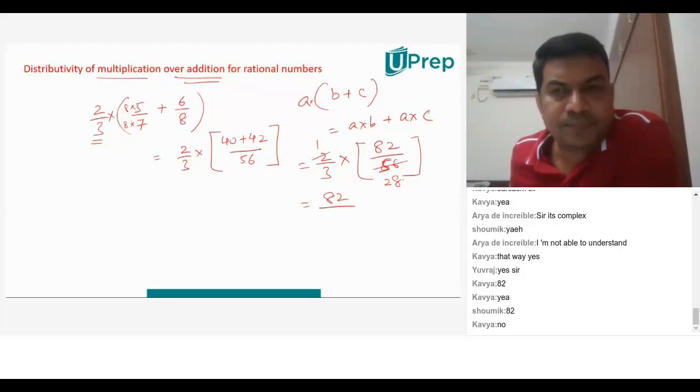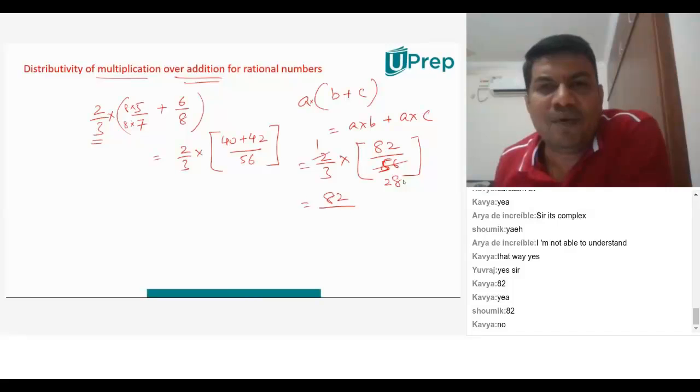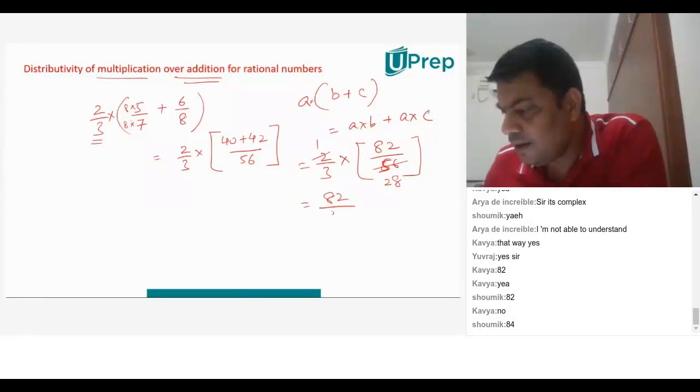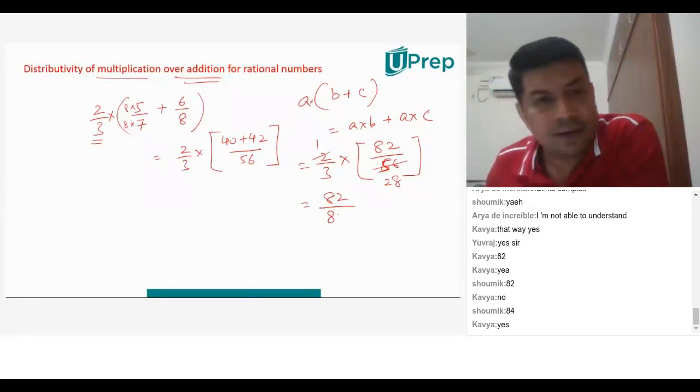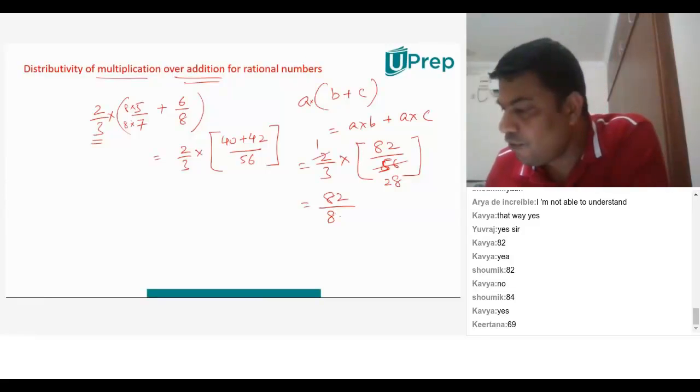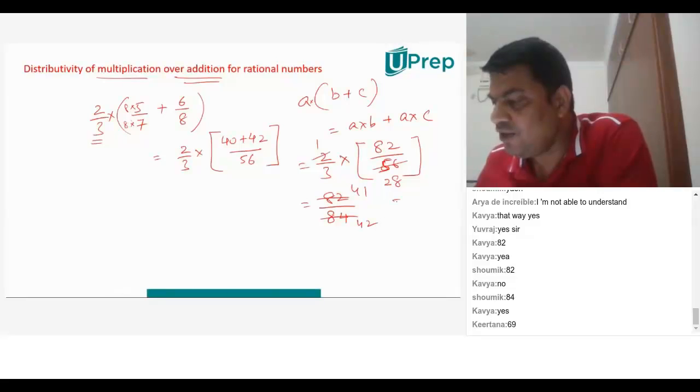What is 3 into 28? 25 3s are 75, and 3 3s are 9, so 75 plus 9 is 84. We can further simplify: 2 41s are 82, 2 42s are 84. So that value is 41 by 42.